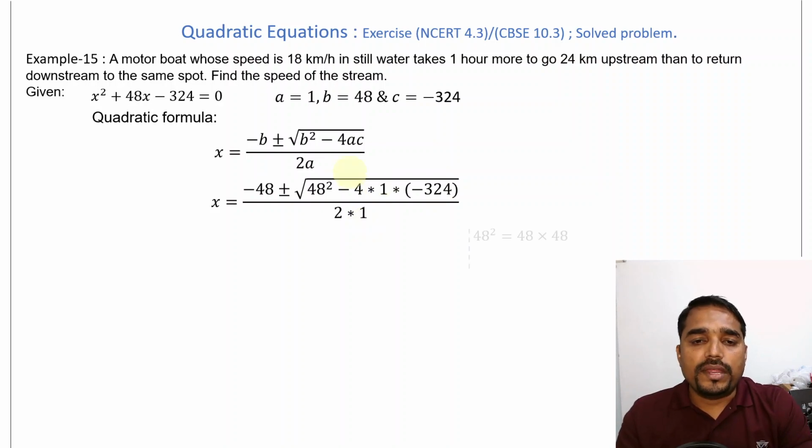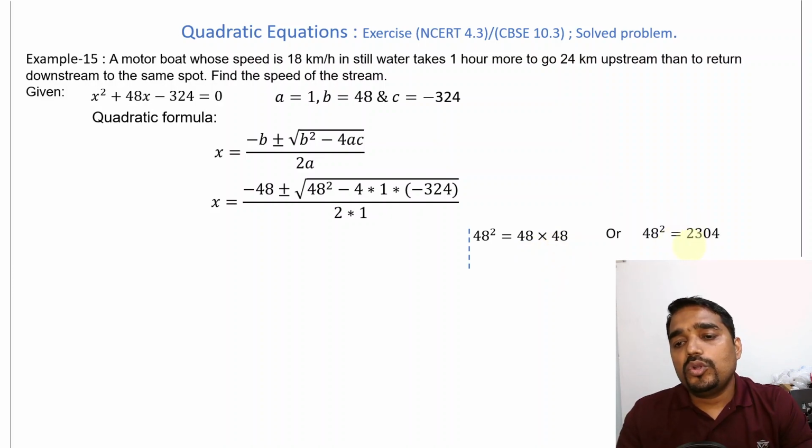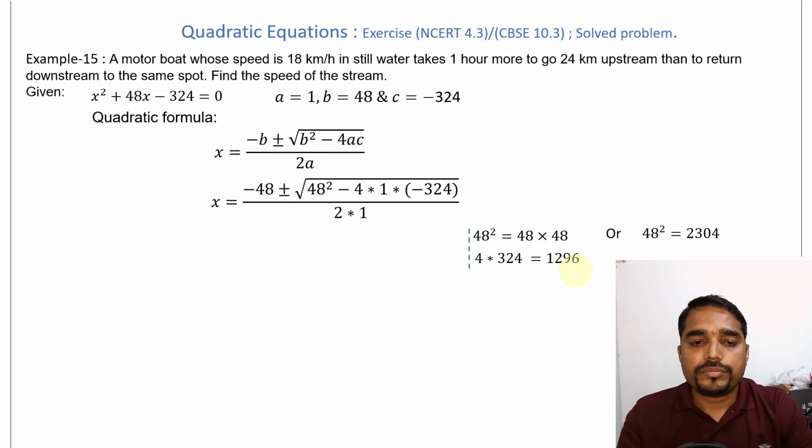Now 48² is 48 multiplied by 48. So upon simplification, 48² is equal to 2304. Similarly, 4 into 1 into 324 is 4 into 324, which is 1296.